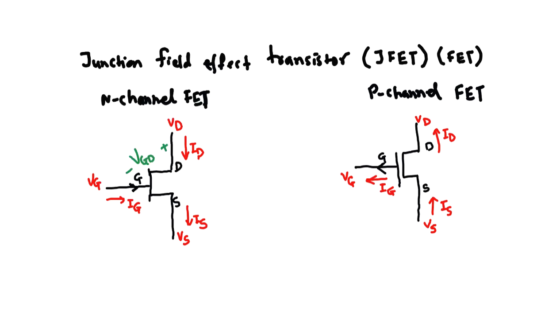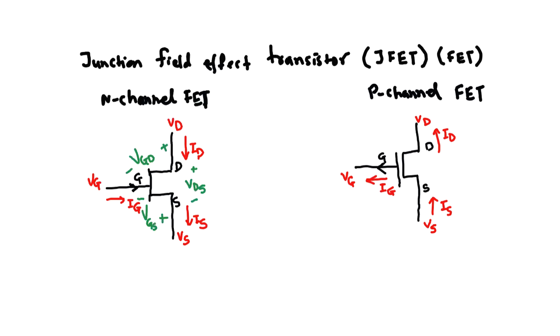The drop between drain and source is referred to as VDS, and here again the gate is negative with respect to the source, and that voltage is called the gate to source voltage VGS.